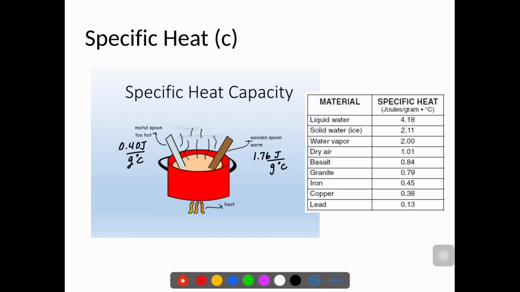So for every 1 degree Celsius change, per gram, I need only 0.4 joules of energy, whereas the wooden spoon takes 1.74. It takes a lot more energy per gram to raise its temperature by 1 degree Celsius. So as the same amount of energy is supplied, this one is going to increase its temperature more quickly than the one that has higher specific heat.